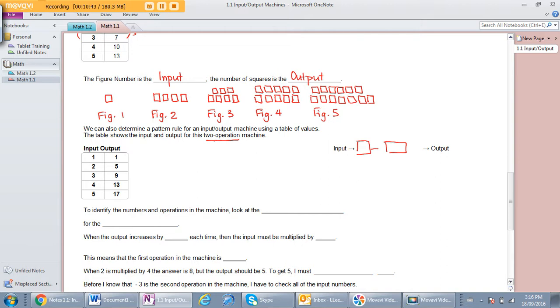So a way that I can do that to identify the numbers and operations in the machine, I'm going to take a look at the output. Okay, so I'm going to take a look at the patterns for the output.